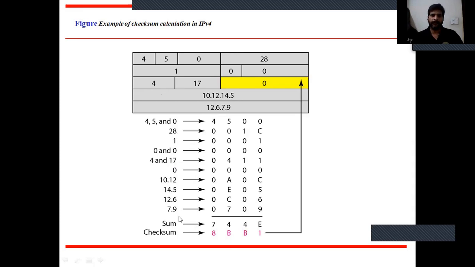After the sum of these fields, we find 744E and using the complement, we find the checksum 8BB1, and this field is denoted here as a form of checksum.